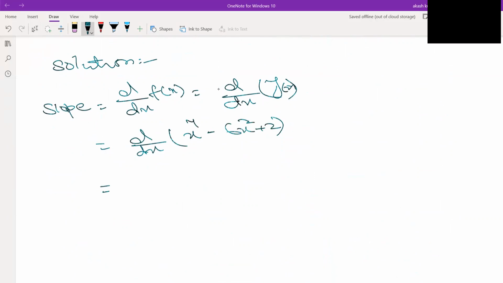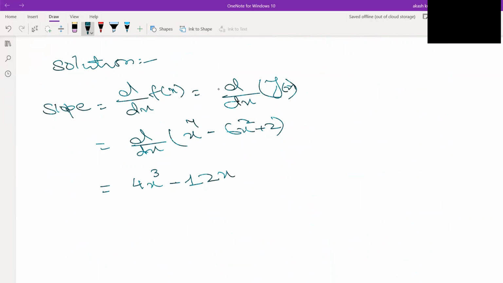What would be the derivative of x to the power 4? 4x cube. And what about minus 6x squared? It will be minus 12x. And then the constant will be 0.